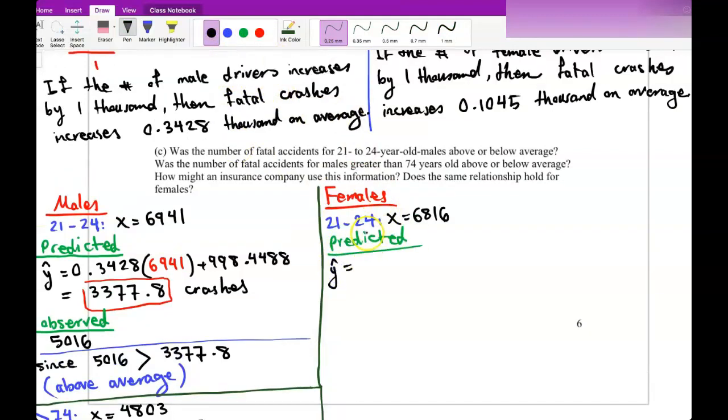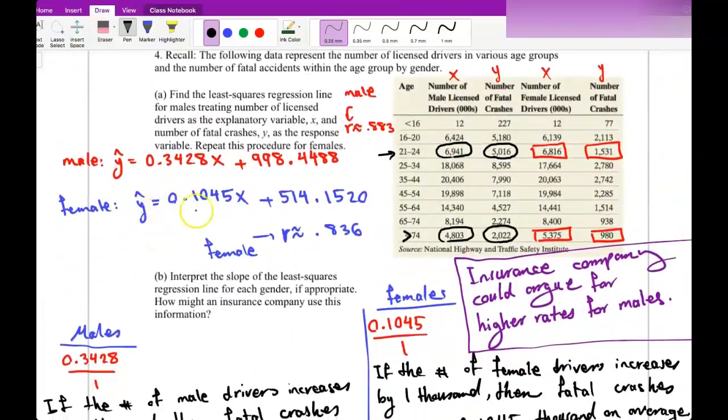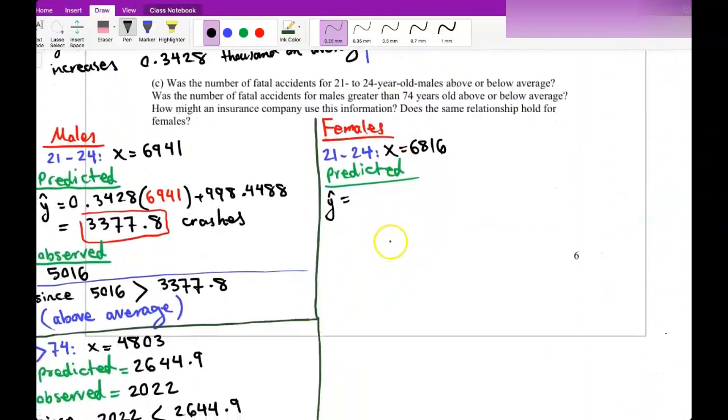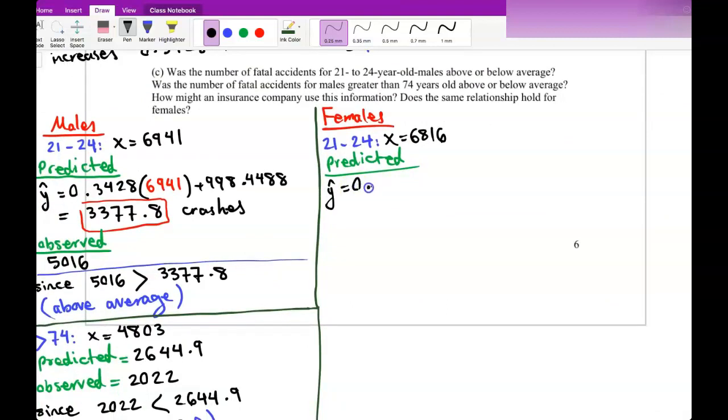So y hat is equal to, using this line, multiply by this x, that is equal to 1,226.4.